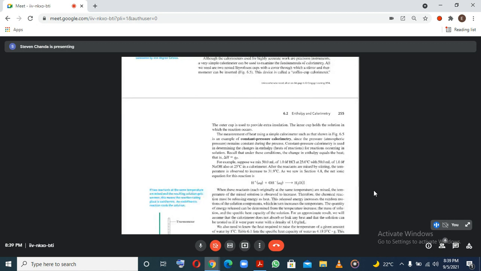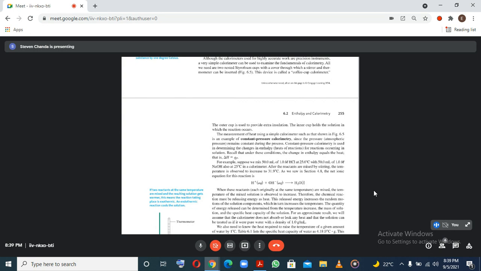There used to be a tutorial sheet question where they would say, draw a coffee cup calorimeter. I don't know whether your tutorial sheet has one like that. Basically, it's two styrofoam cups with a cover in which a stirrer and a thermometer can be inserted.